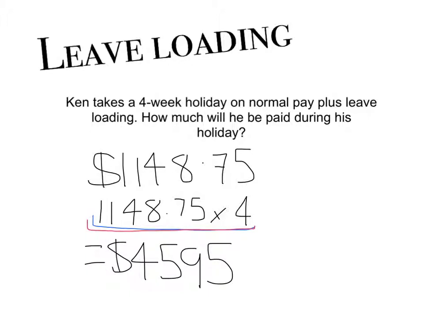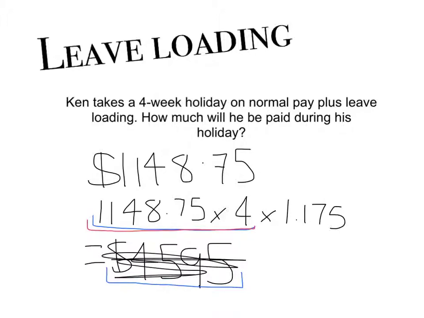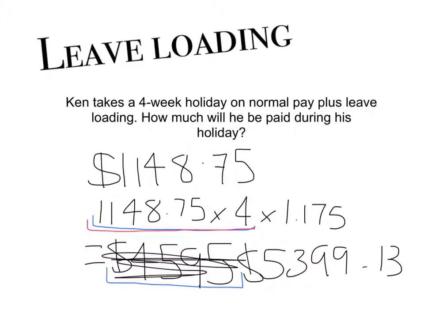Okay, so if I worked out 1148.75 multiplied by 4 on his normal pay, he would get 4,595, but he also gets his holiday loading, so I have to make sure I add my holiday loading to get $5,399.13. And that's it. Guys, that's all there is. That is income. That's as difficult as it gets.